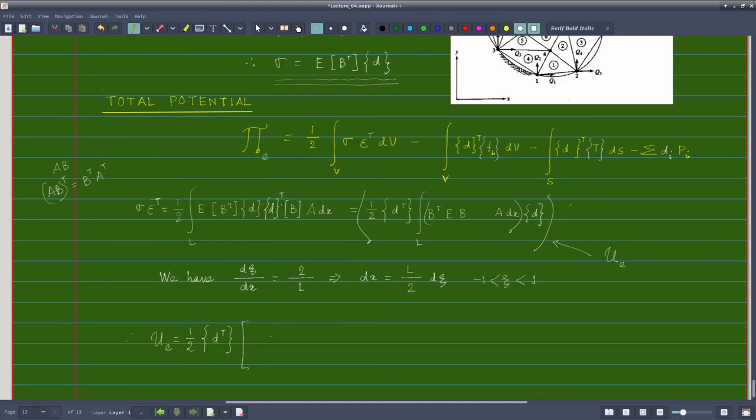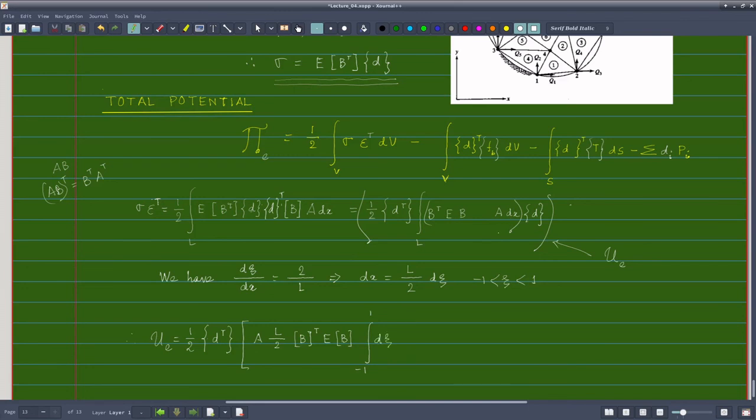This integral I will write as A into... dx is L by 2 d xi, so this L by 2 I will write here, into B transpose into E into B, right, into the integration from -1 to 1 d xi.